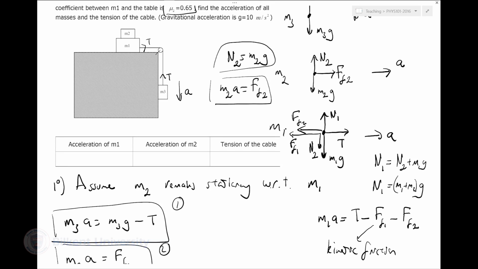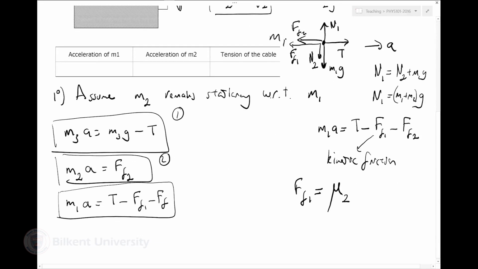It's the normal force for that surface. The table is acting the normal force N1 on M1. So it must be mu 2 times N1. That's great, so I actually know what this is. It's M1 plus M2 times G.